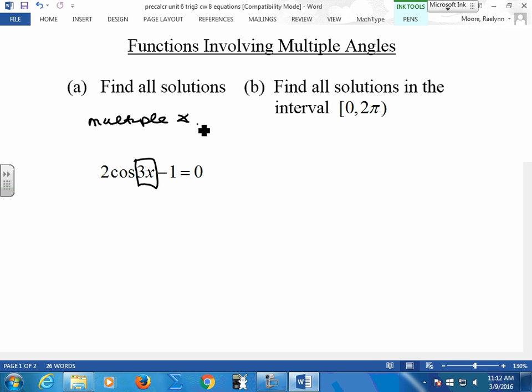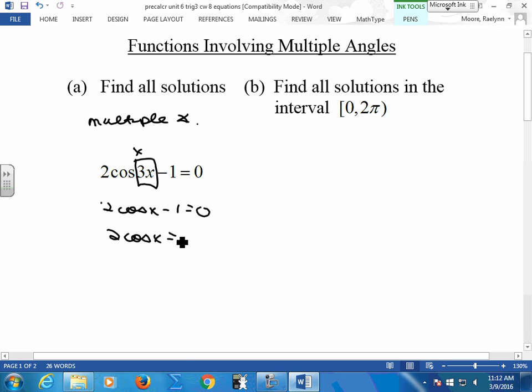So we're going to solve this as if this was x. If I solve this for x, I say 2 cosine x minus 1 equals 0. I add 1. I divide by 2. And I have the cosine of x equal to 1/2. Agreed?